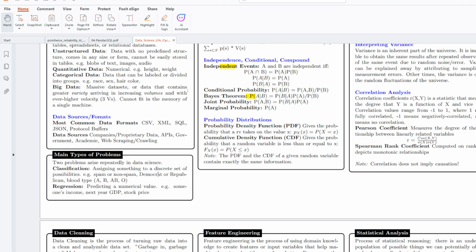Now, when someone goes to the hospital and the person is diagnosed of a disease, for example, diabetes, now it's either the person has diabetes or he doesn't have diabetes. Now, the next question is, what are the causes of this person's diabetes?